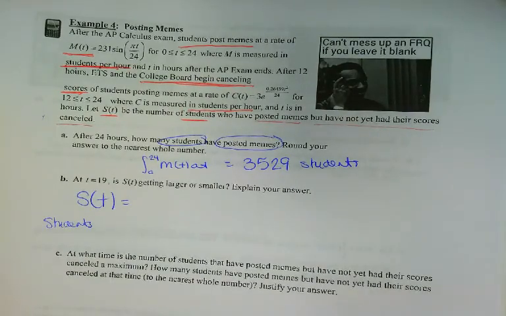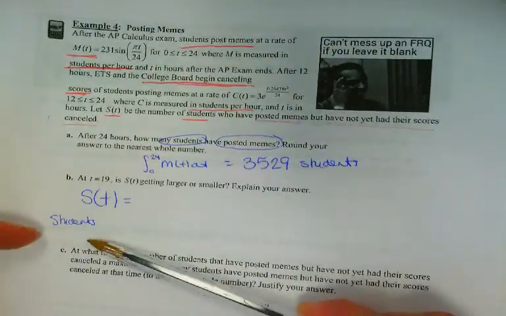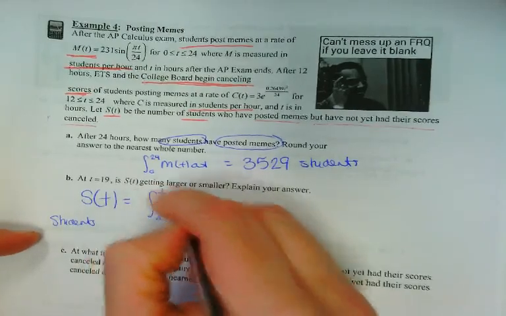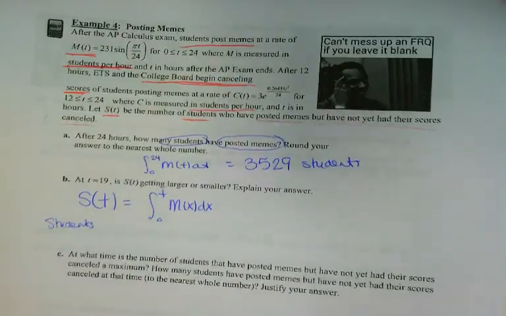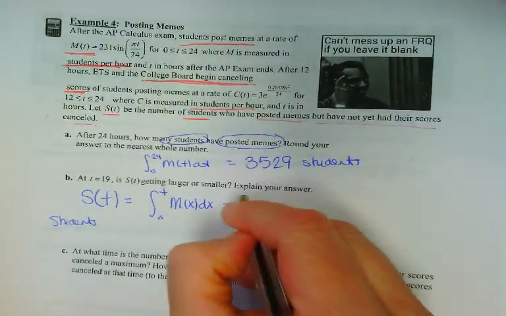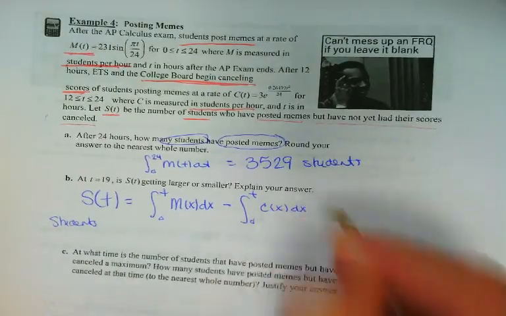Okay, so now let's talk. Do we want those functions or do we want their integrals? If this is students per hour, and I'm writing about students, I definitely need to integrate from 0 to t of m of x dx. And now we're going to take out the ones we're canceling, and those were students per hour. So I'm going to subtract the integral from 0 to t of c of x dx.